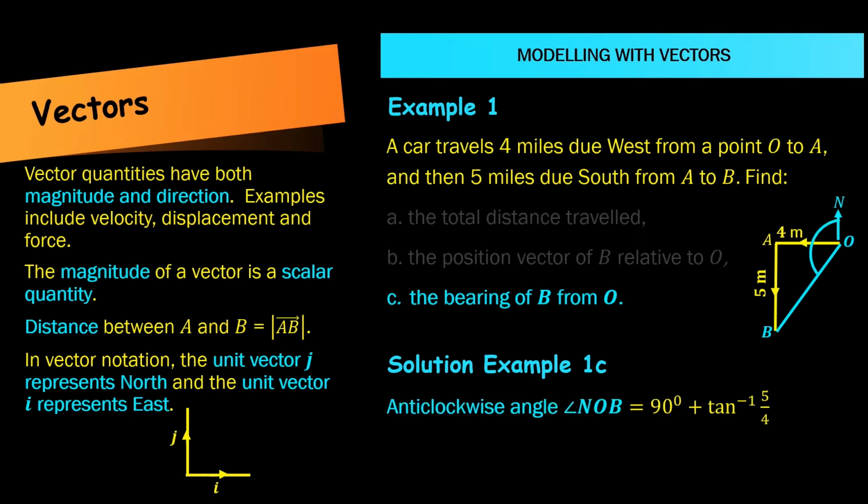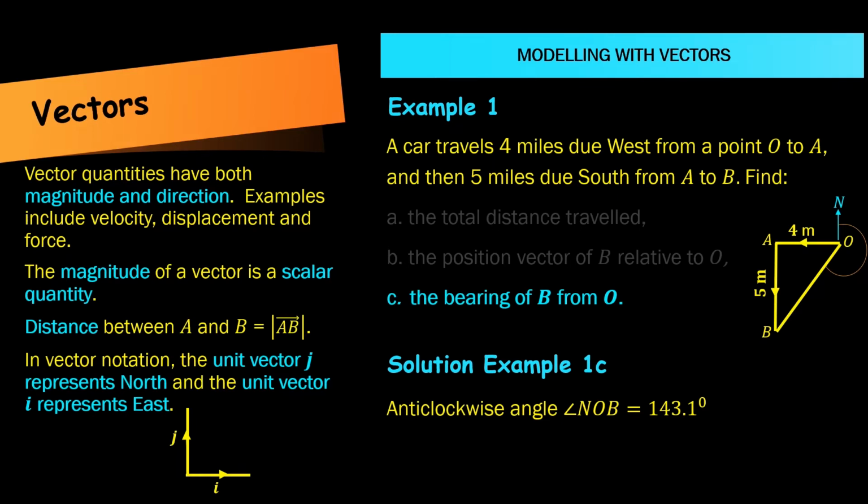So our angle NOB is equal to 90 degrees plus 53.1 degrees. And of course 53.1 degrees is tan inverse 5/4. And adding the two together gives 143.1 degrees. So the anti-clockwise angle NOB equals 143.1 degrees.